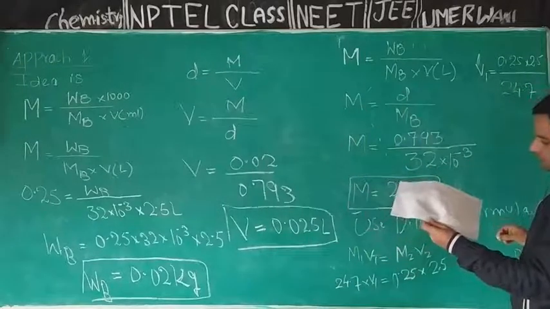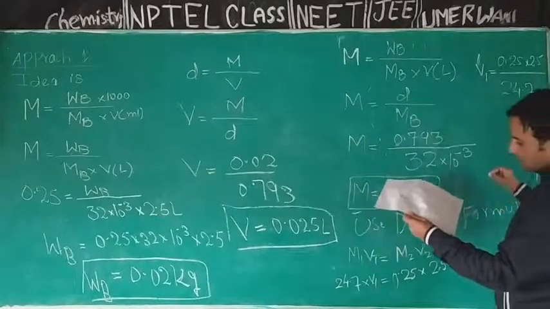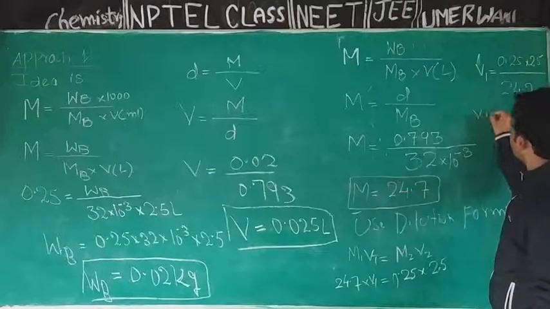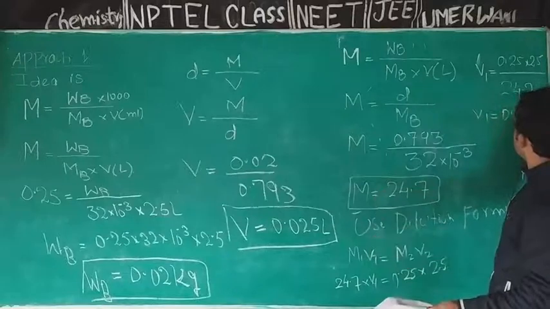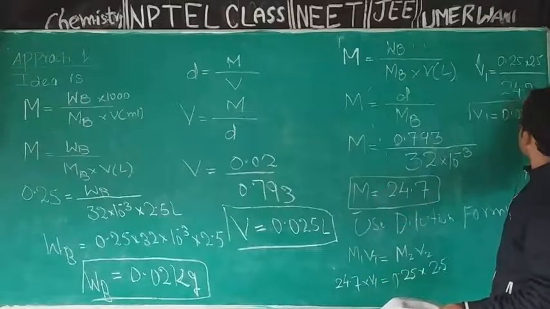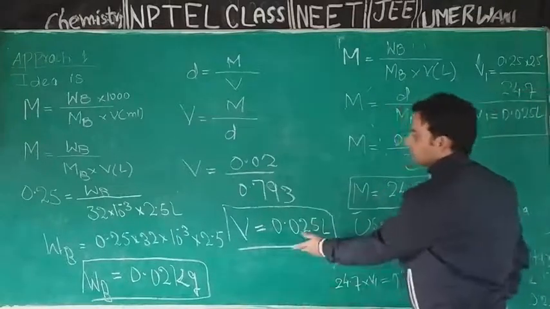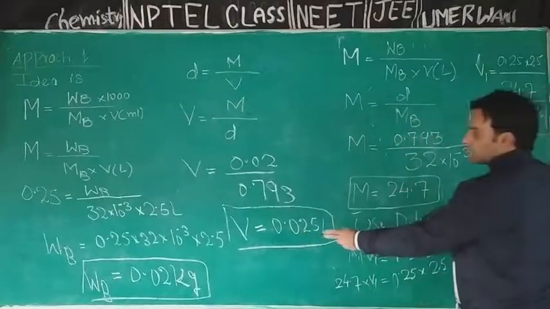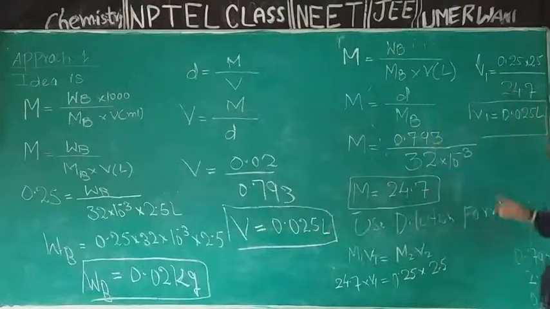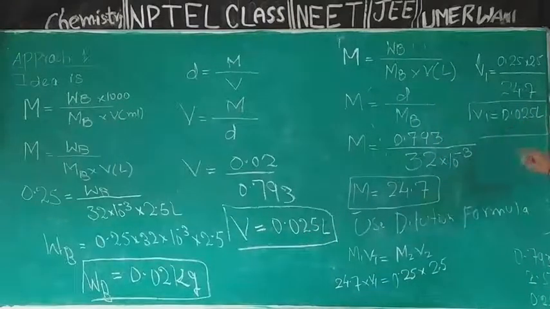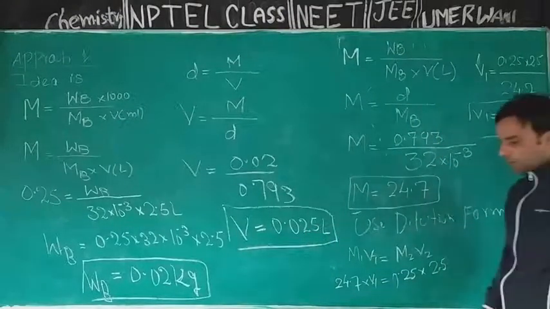V1 comes equal to 0.025 liter. Using approach first we got volume of methanol required 0.025 liter, and using approach second we got volume of methanol required is 0.025 liter.